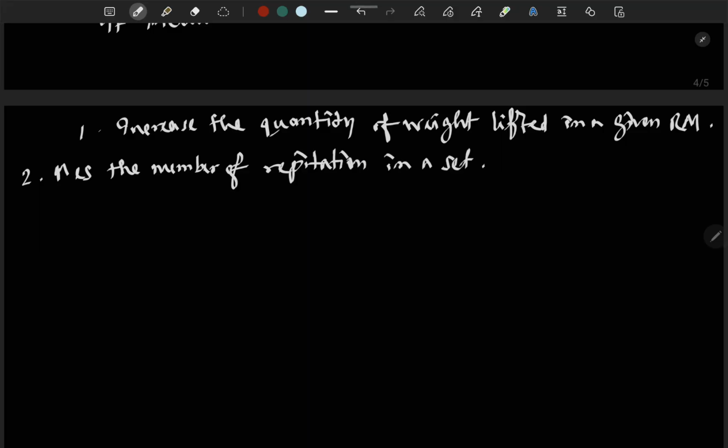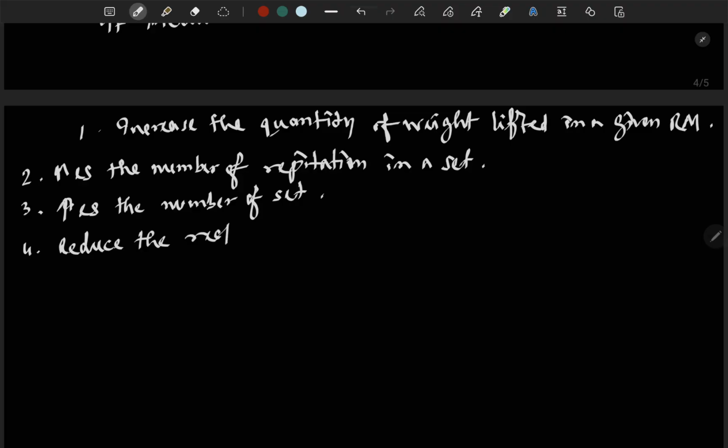Number 3, increase the rest time. Increase the number of sets, reduce the rest time between the sets, increase the range of motion.